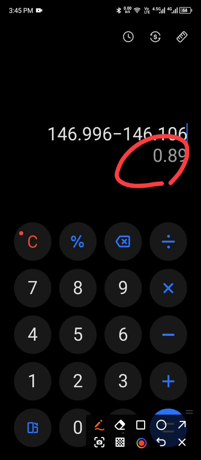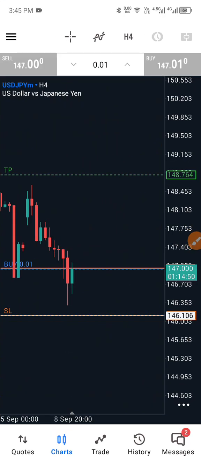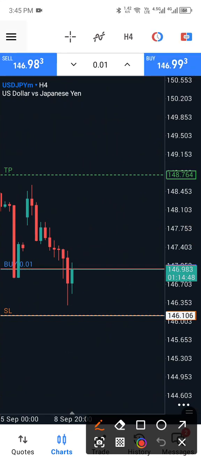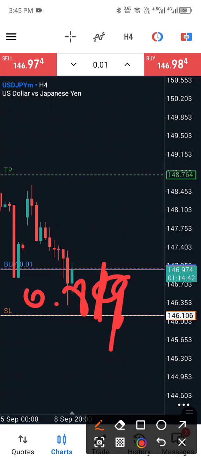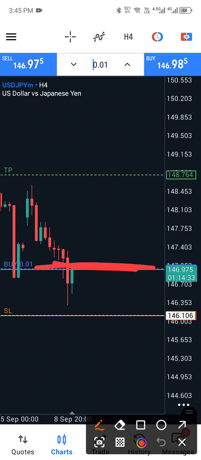That's my risk. So we've gotten the risk to be 0.89. That's the distance from here to here.